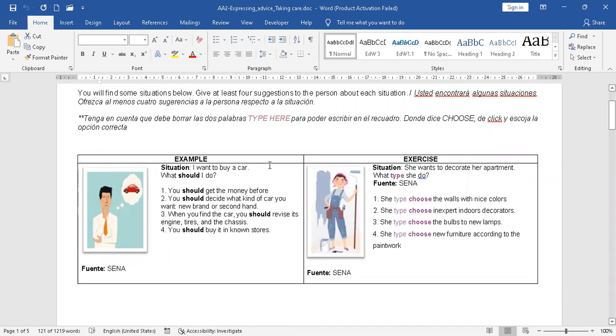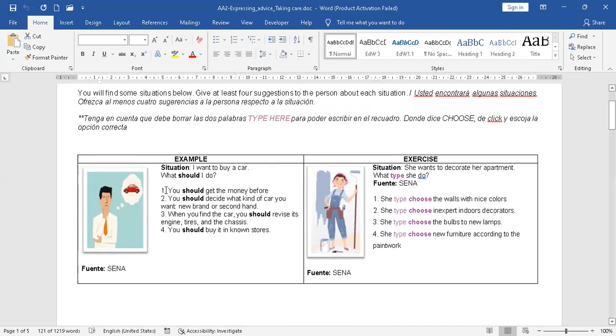Tengo que dar 4 sugerencias. For doing that, we need to use the modal verbs. We are going to study the modal verbs later on when I explain the material for you. ¿Cierto? Enseguida les voy a explicar el material y les voy a explicar los modales.